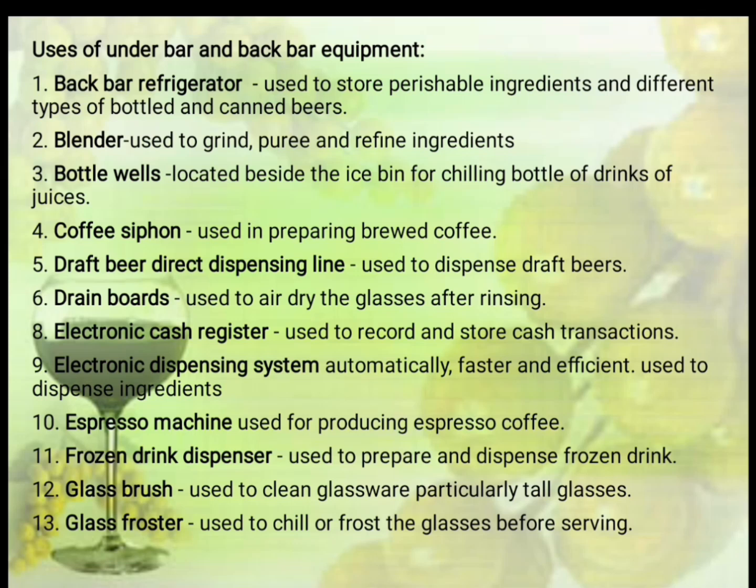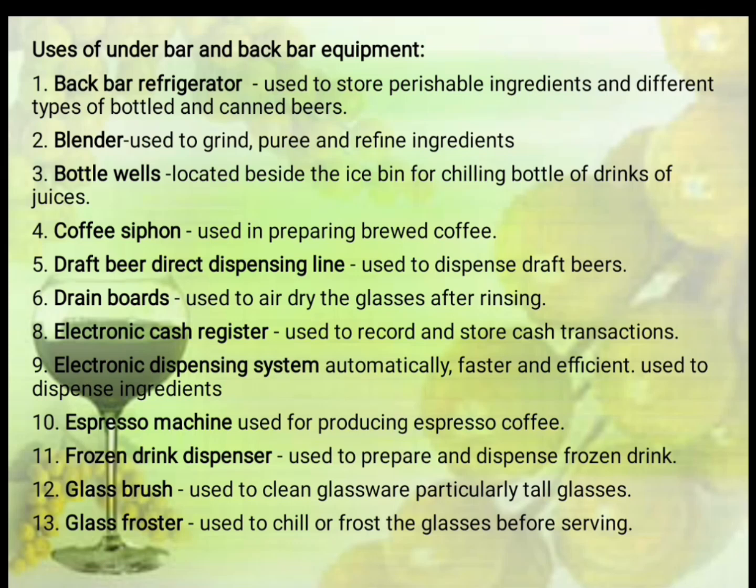So, use of underbar and bar and back bar equipment. First is back bar refrigerator, used to store perishable ingredients and different types of bottled and canned beers. Second is blender, used to grind puree and refined ingredients.